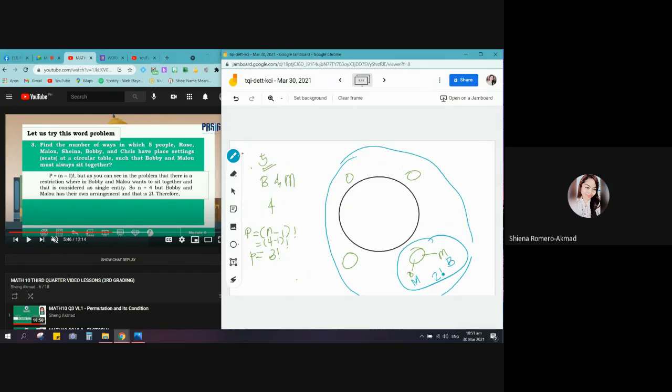That 2 factorial, how many are they? 2. So 2 factorial. They can change places. So aside from 3 factorial, you will multiply 2 factorial also. That 2 factorial is the change in their own arrangement, the change in position of the two of them, if it were just the two of them. So we have 3 factorial times 2 factorial, that's 12. So the answer here is 12.